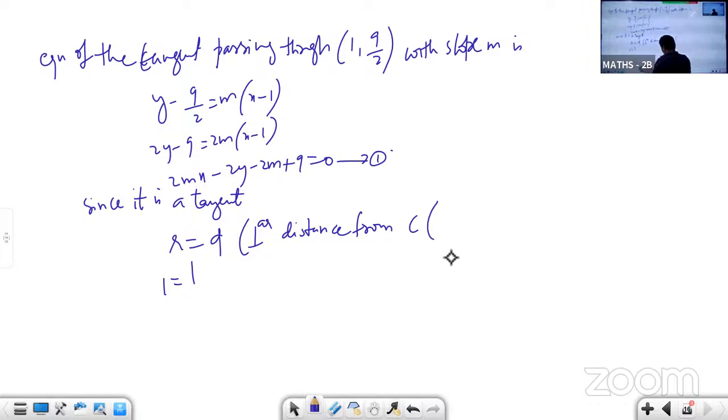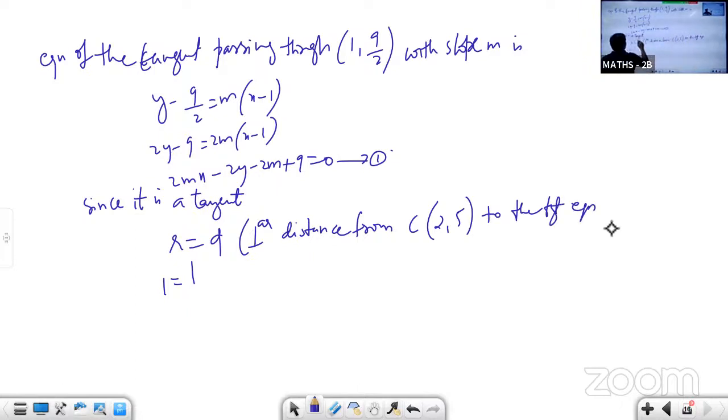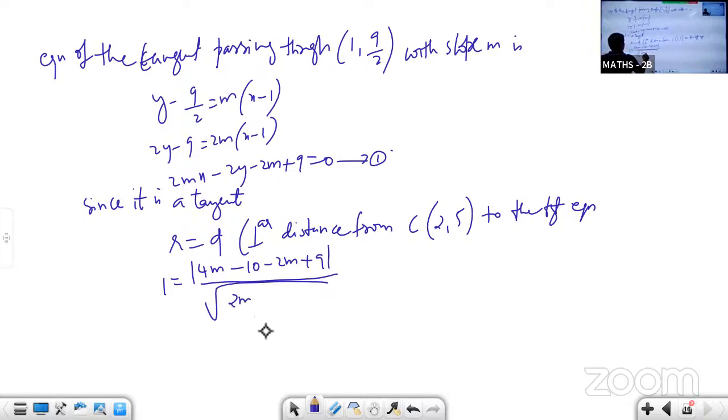Which center are we going to take? C1, that is (2, 5), to the tangent equation. Okay. Modulus of (4m minus 10 minus 2m plus 9) by under root of (2m) square plus (minus 2) square, which is the y coefficient.